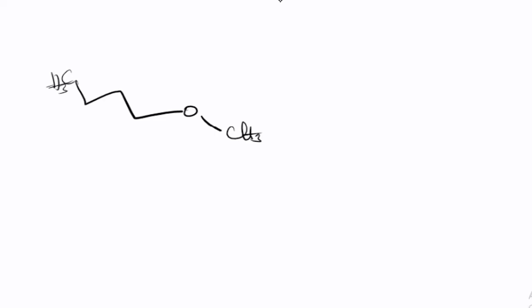Now if I number this from 1 2 3 and 4, you notice that this will be at carbon 1, and then I can simply go ahead and call this 1-methoxy butane.